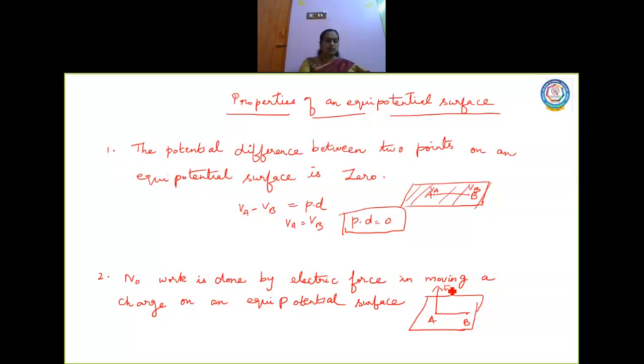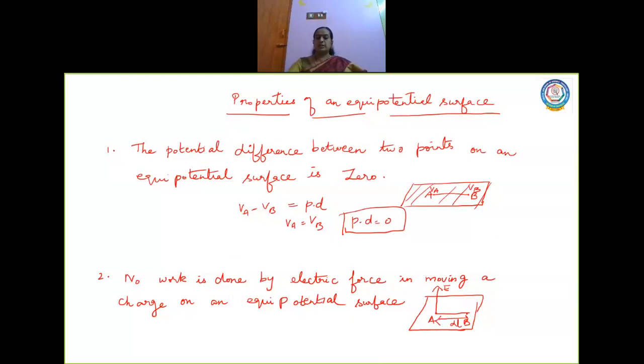Now I wanted to move point B to point A for a small distance. Let us consider it to be dl. Now in this case what do I have to do? I have to do work, right? Work done is nothing but energy.